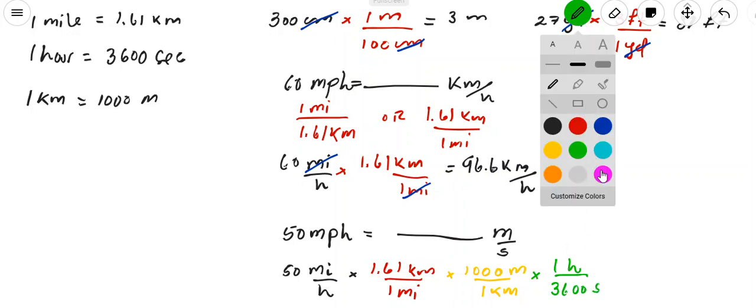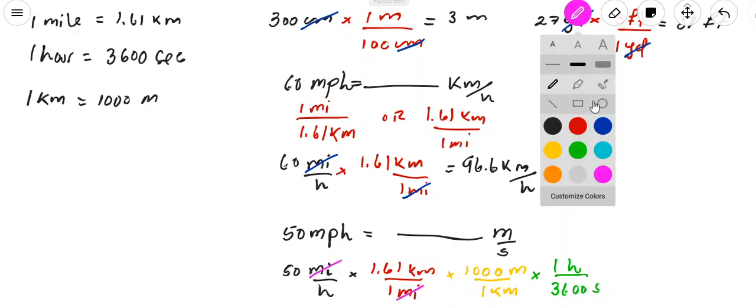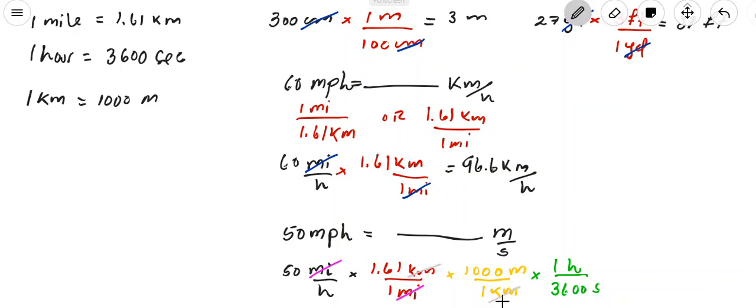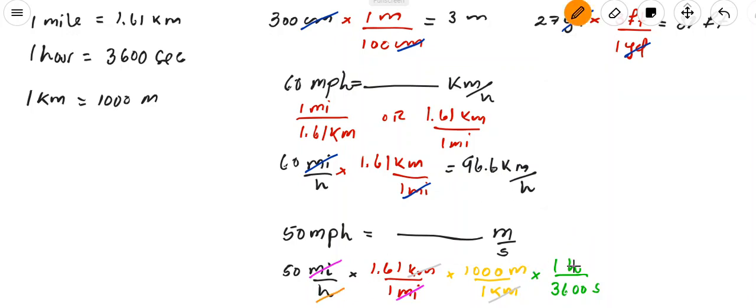In this way, now I will simplify the miles with the miles, the kilometers with these kilometers over here, and these hours with this hour over here. So which are the units? My output units are going to be meters per second.